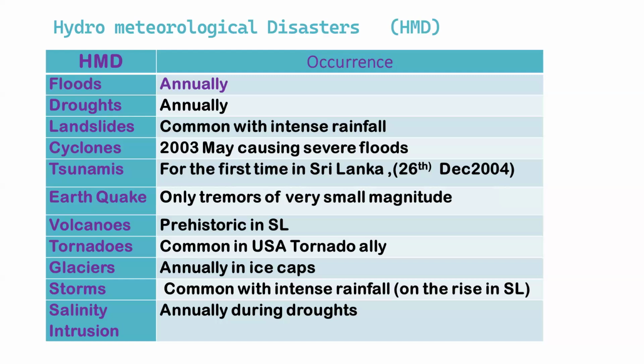Tornadoes, no. Only in very high in US, tornado alley. Glaciers, storms common with intense rainfall. Salinity intrusion, we are affected. During droughts, our rivers are affected.